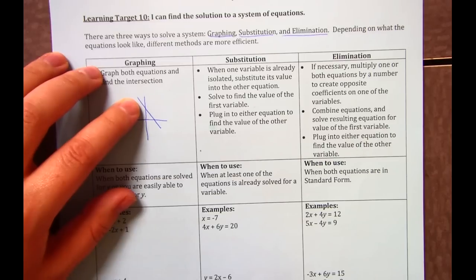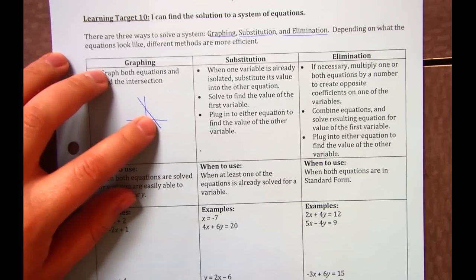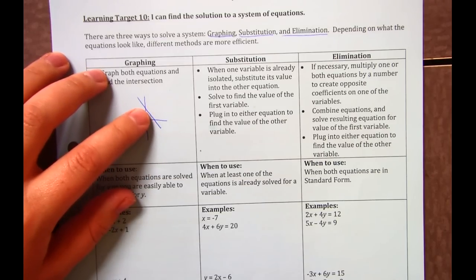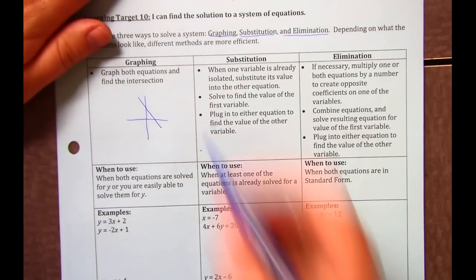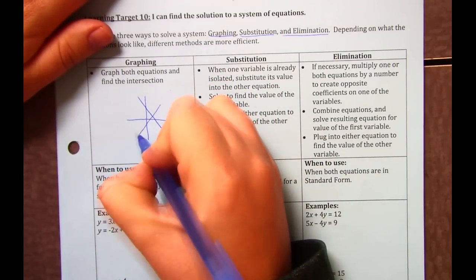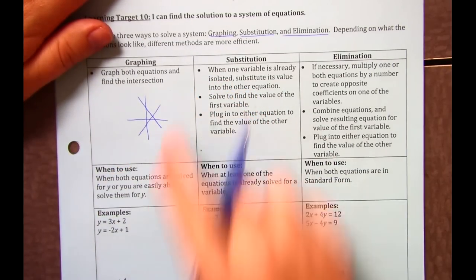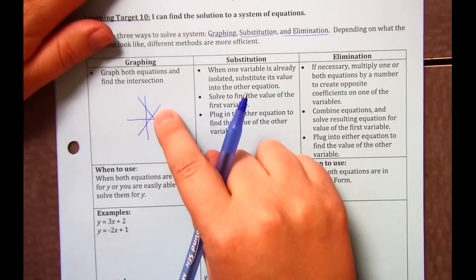This line represents all of the xy pairs that would be solutions to that equation. Now let's say you have another equation, and now this line represents all the solutions to the second equation.